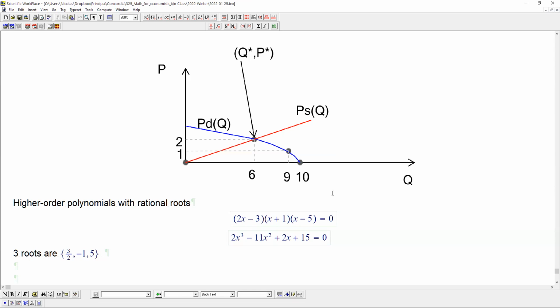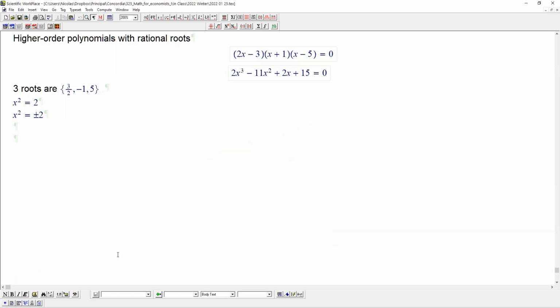So there is a recipe and we apply it. It's not infallible, but it's quite good. It works, of course, if the roots are rational, meaning you can express them as ratios. Many things cannot be extracted as ratios. So if you have something like x squared equals 2, you get that x equals plus or minus √2, and this is not rational.